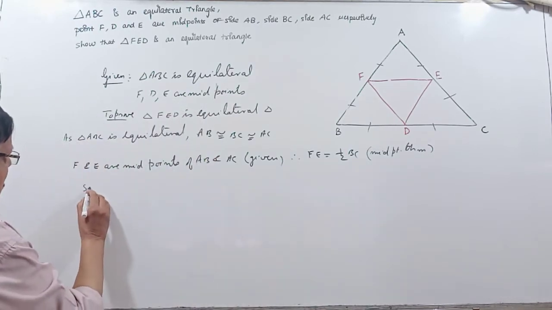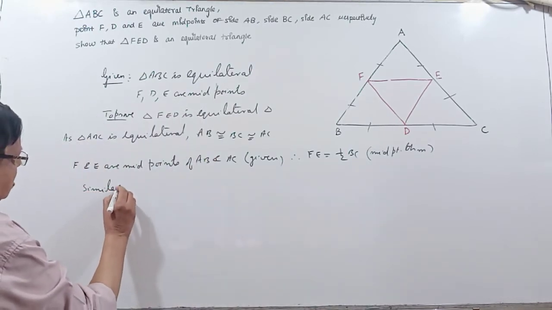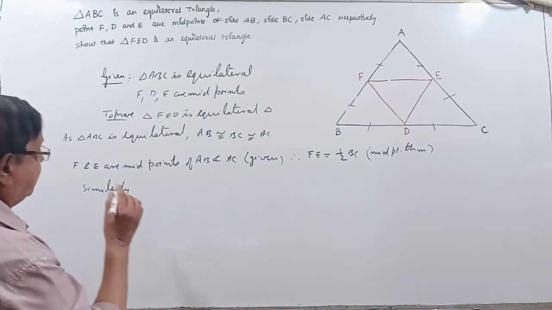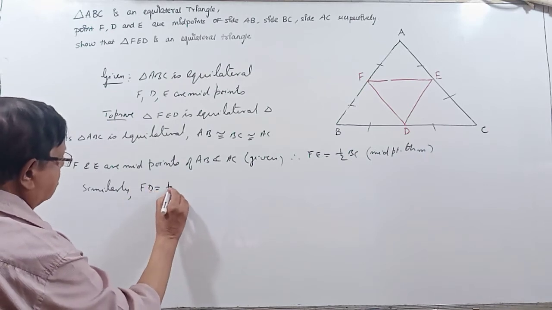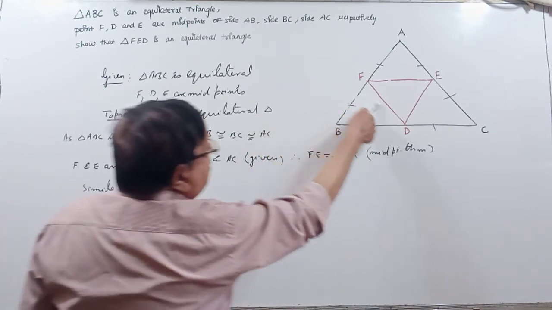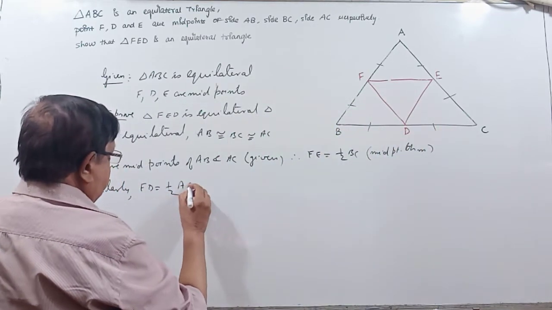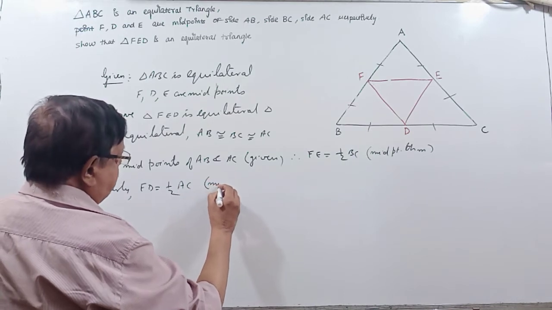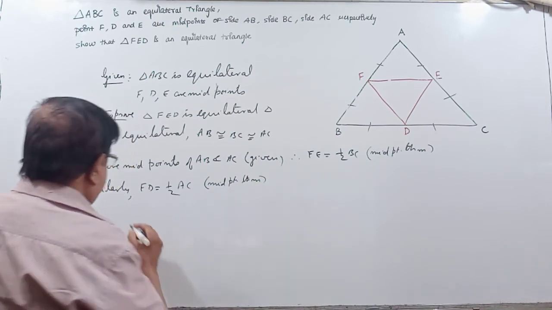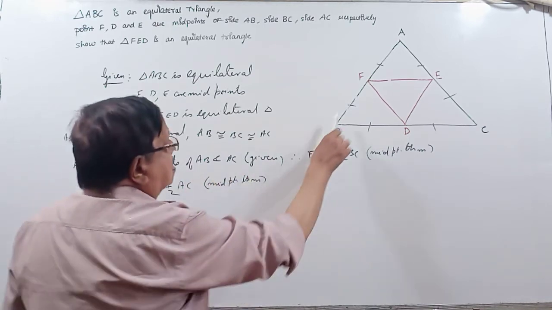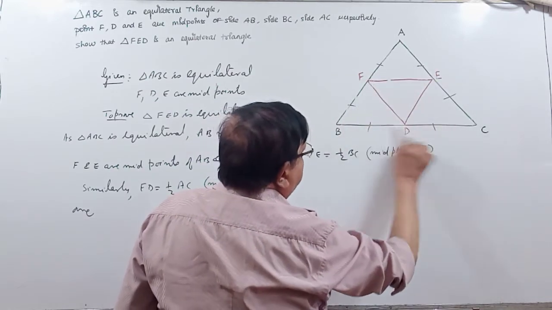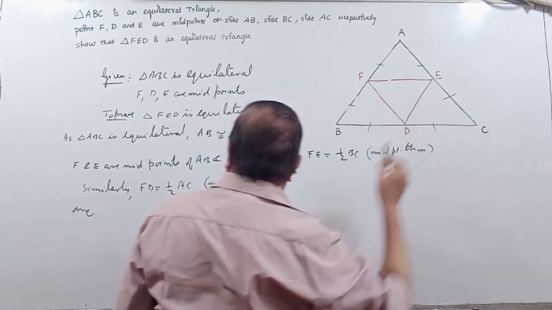Similarly, F and D are midpoints, therefore FD is equal to half of AC. Again, midpoint here.